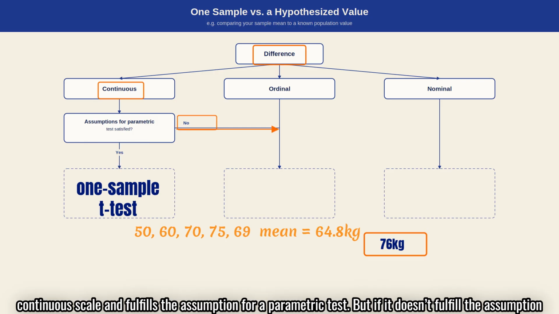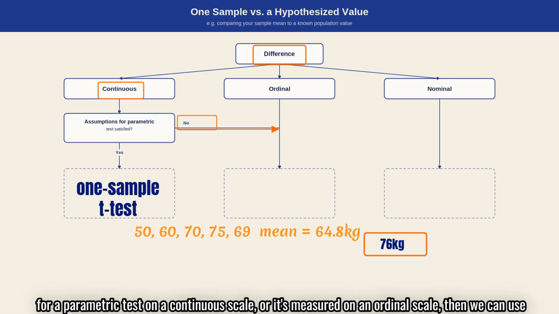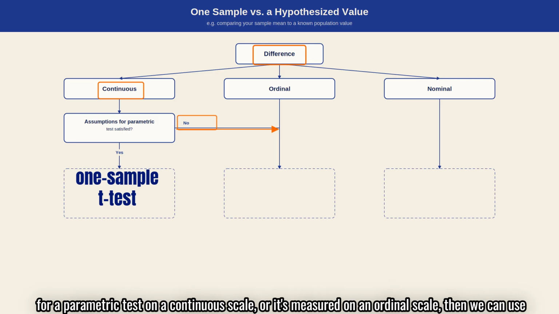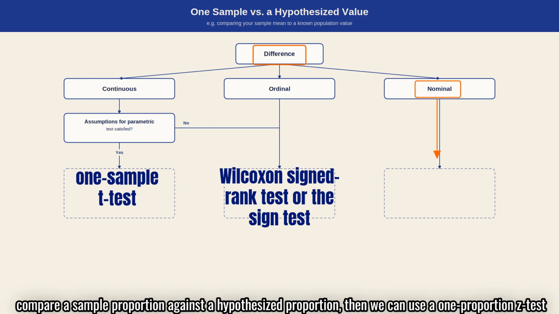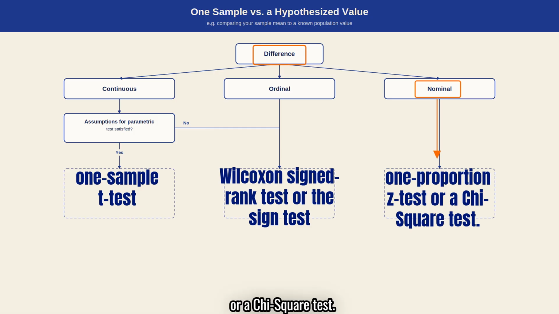But if it doesn't fulfill the assumption for a parametric test on a continuous scale, or it's measured on an ordinal scale, then we can use the Wilcoxon signed rank test or the sign test. And if our data is on nominal scale and we want to compare a sample proportion against a hypothesized proportion, then we can use a one proportion z-test or a chi-square test.